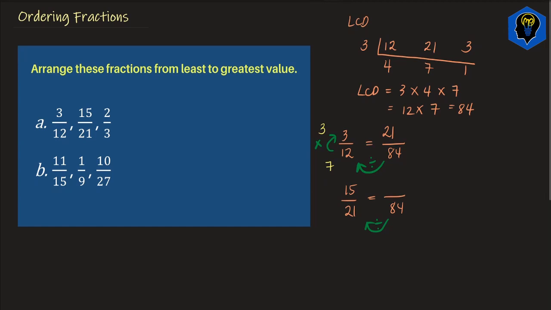So, 21 is here. So, you just consider this 4 times 1. So, 84 divided by 21 is 4. Okay? So, ganun lang kadali. Hindi nyo na kailangan mag-multiply lagi, mag-divide lagi. Nandiyan na siya. So, 4 times 15 is what? 4 times 15 is 60.